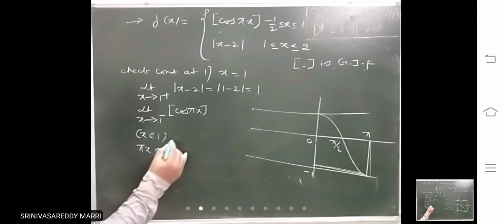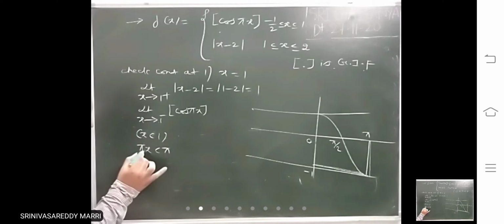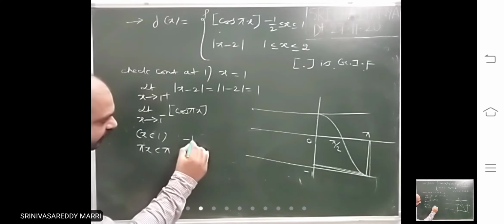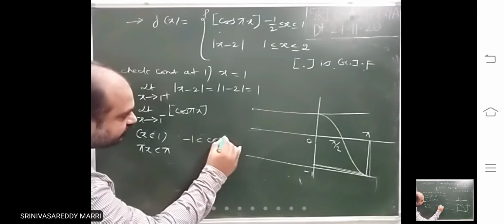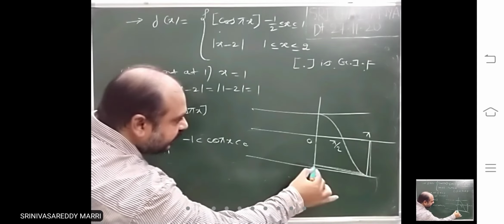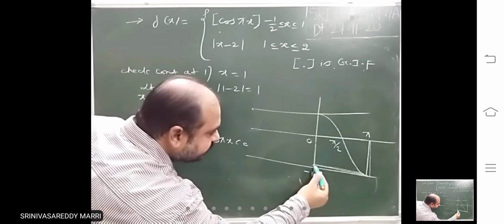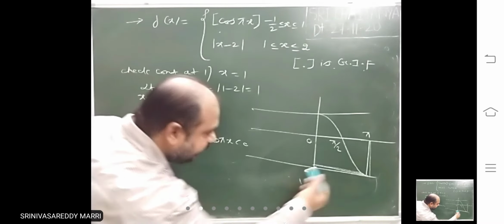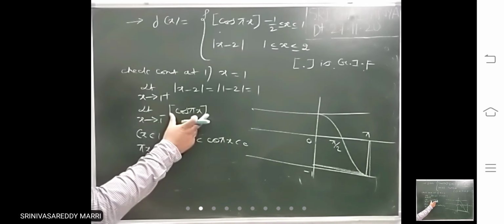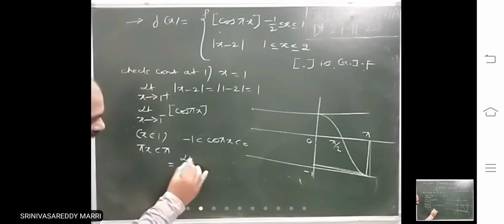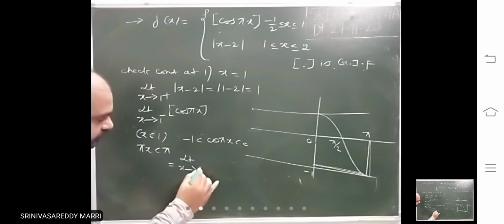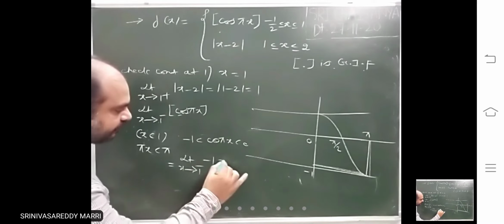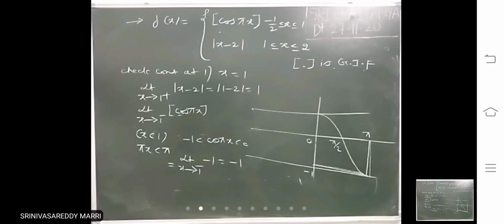That means when x is less than 1, pi x will be less than pi, and cos pi x will be a value between minus 1 and 0, otherwise just minus 0.99999. That means step of minus 0.99999 is minus 1. So this definition will become minus 1. So what is the answer? Minus 1.